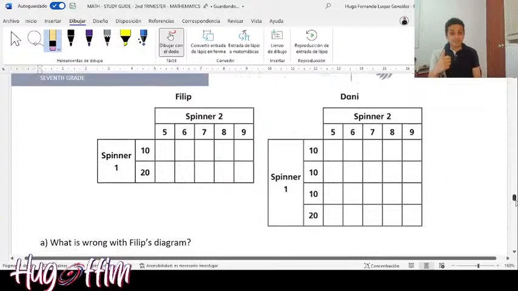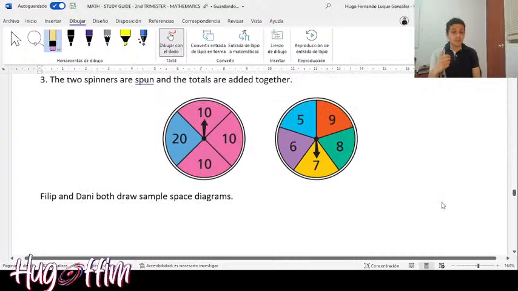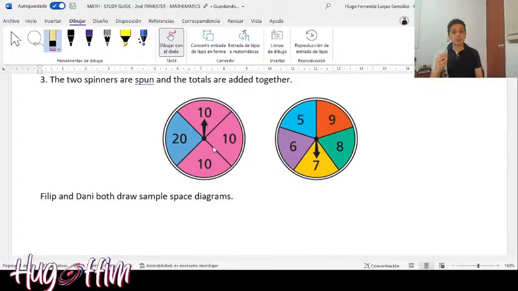But if you observe the two spinners, in spinner number 1 we have 3 options to get 10. So you need to be careful when you do the sample space to include these 3 options of number 10, because if you don't include them, when you find the theoretical probability, you're not going to get the appropriate answer.